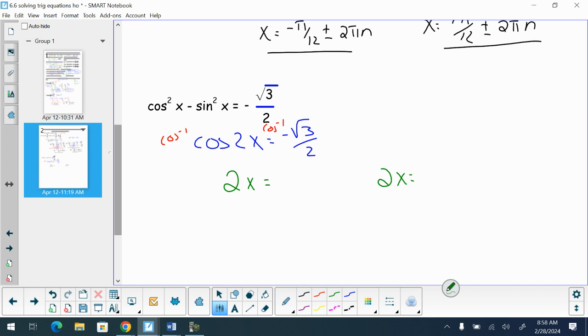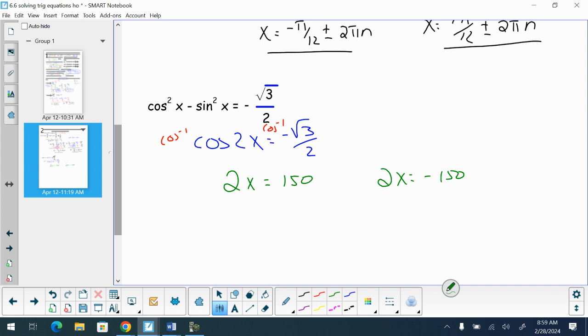Don't lose your negative. We have negative square root of 3 over 2. Inverse cosine of negative square root of 3 over 2, what do we come up with? 150. We have 150 here. Inverse cosine, we have a second solution, which would give us negative 150.